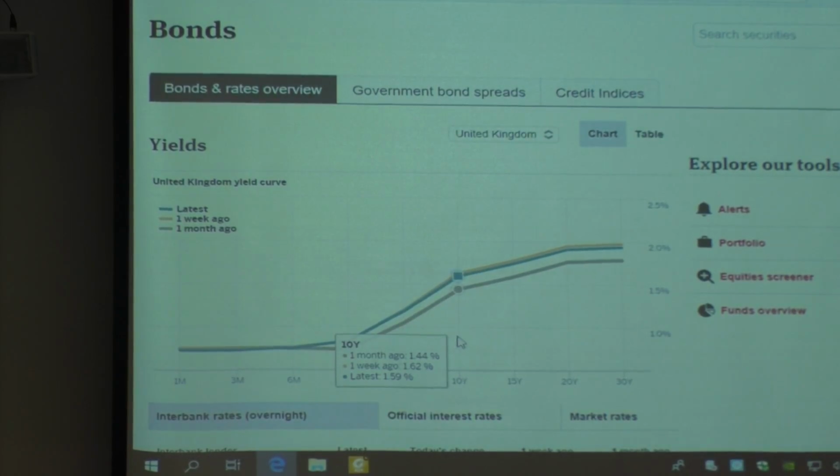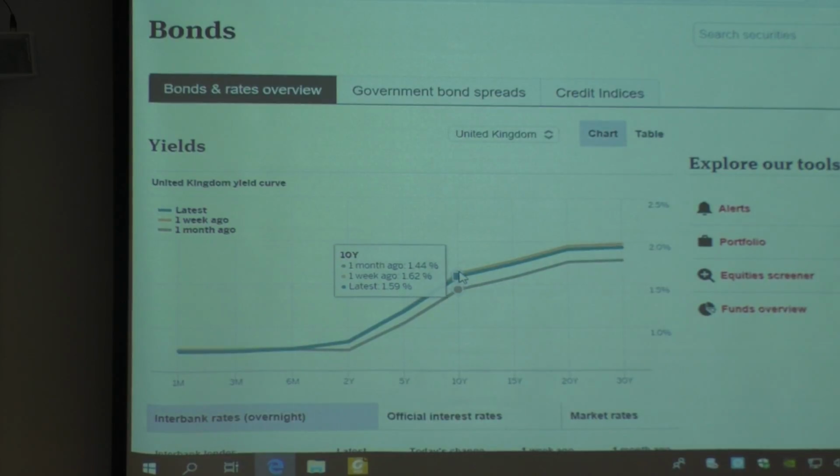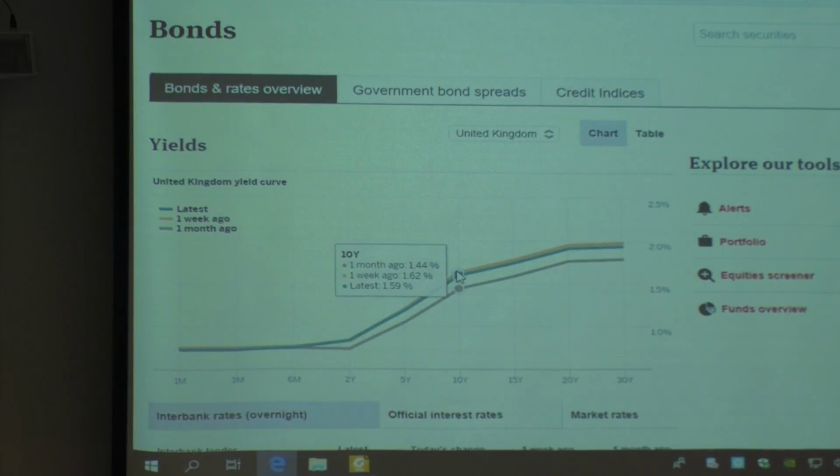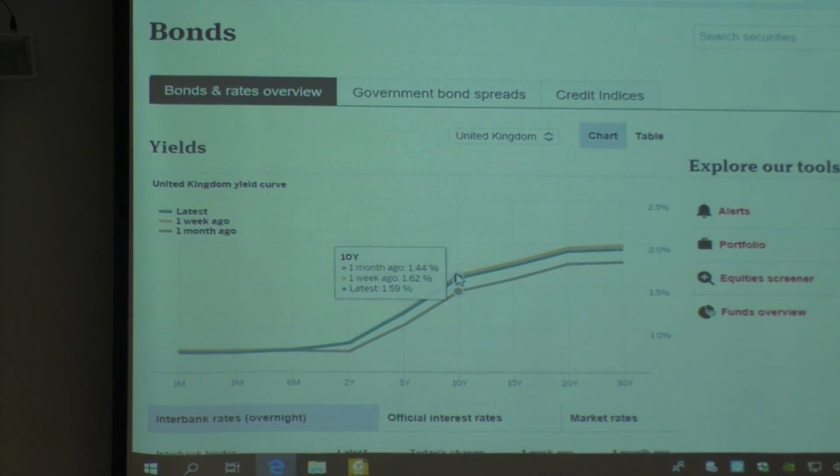The latest one is this. So y of 10 tells you precisely it's 1.59%. What is this 1.59%? This is telling you if you're lending money to the UK government, so that's a United Kingdom yield curve, for 10 years, the interest you're getting is 1.59%.